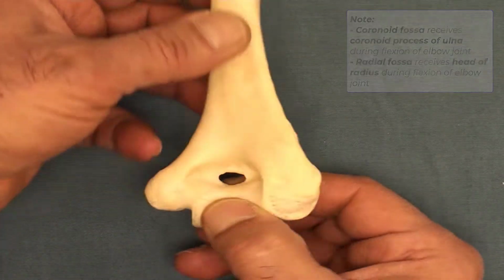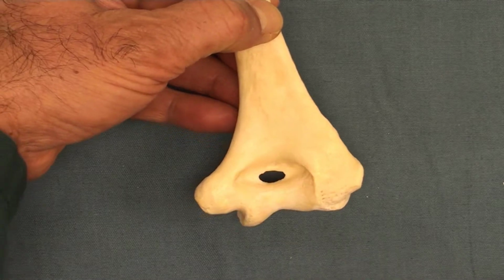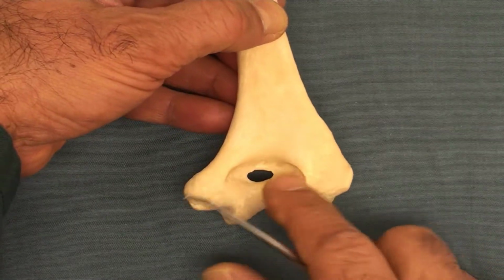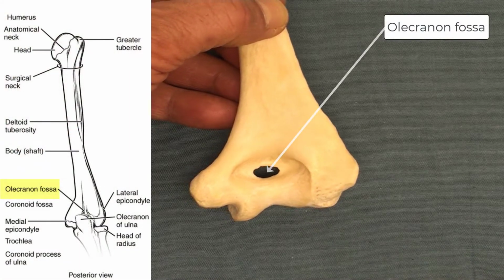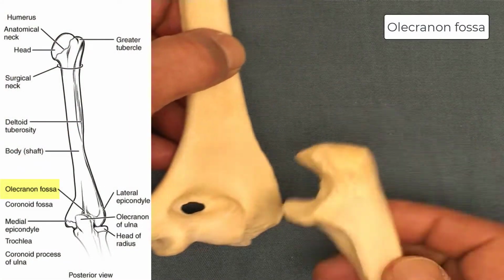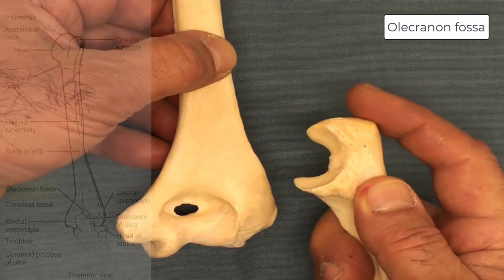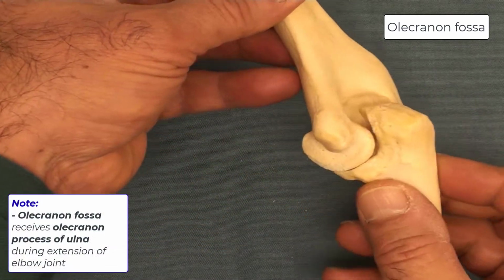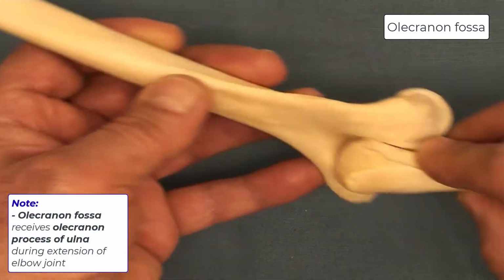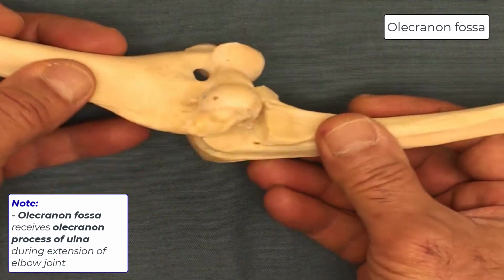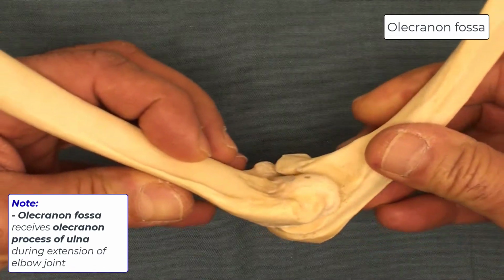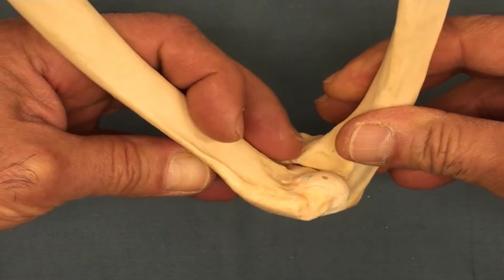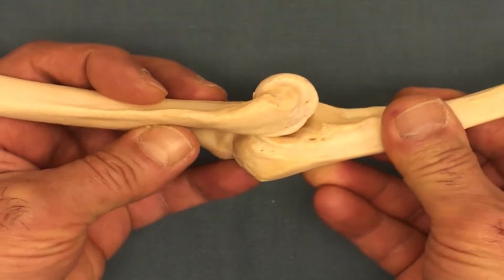On the posterior aspect of the distal end of the humerus, we have a fossa known as the olecranon fossa. That olecranon fossa receives a process of the ulna, this one, which is the olecranon process, during extension of the elbow joint. So during extension, that process goes there, and during flexion, the coronoid process goes to the coronoid fossa.